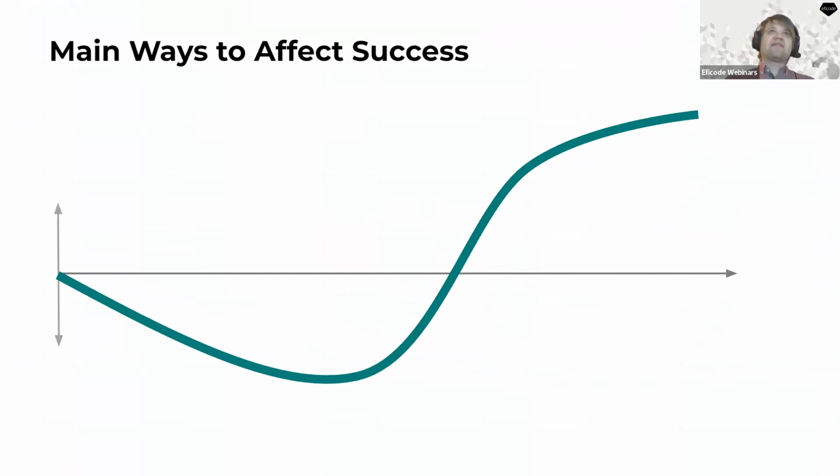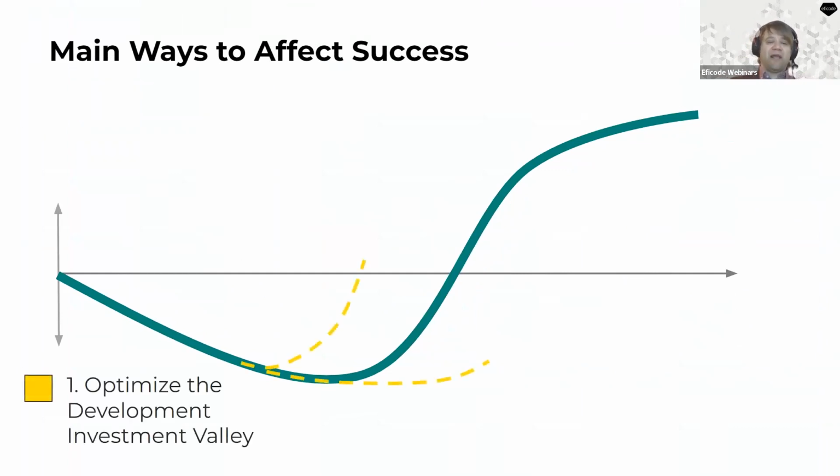So at large, there are three places. One is optimizing the development investment value. How do you make sure that the investment you start gets released as fast as possible? Because the surface here is a cost, the sunk cost in a way.